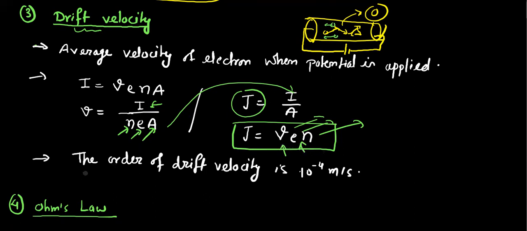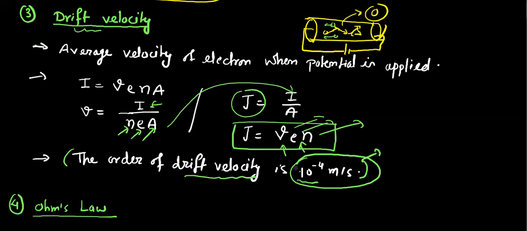One thing we must be clear about is that the drift velocity of an electron is of the order of 10 to the power minus 4 meters per second. This is quite a small value.